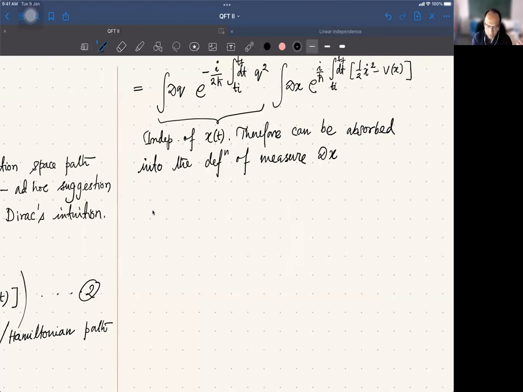It's an overall constant. So this is the integral Dx, e to the power i over h bar times S. That's Feynman's form, and you get that exactly.